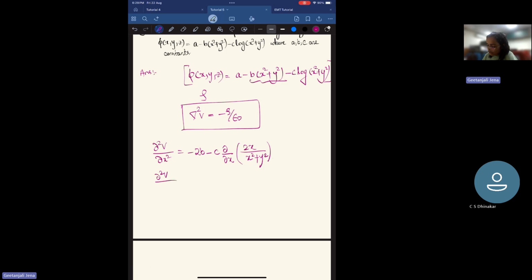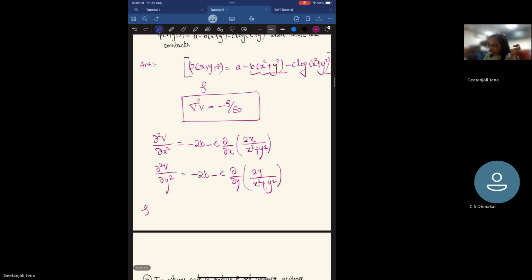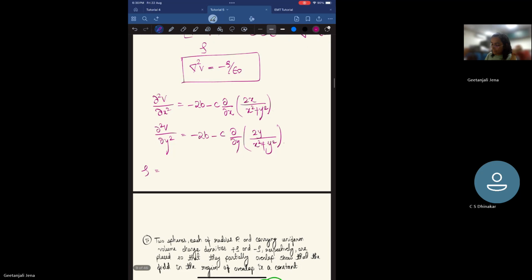Similarly, dou square phi by dou y square, the double derivative, will give minus 2b minus c dou by dou y of log, which gives 2y by (x square plus y square). So that means rho is minus epsilon naught times (dou square phi by dou x square plus dou square phi by dou y square).